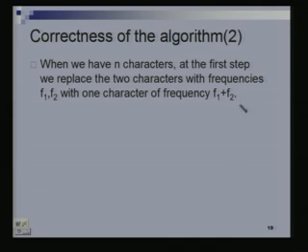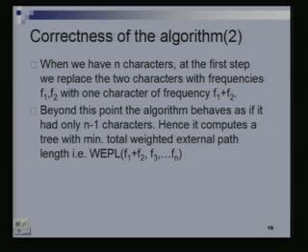So once it does that, beyond this point, the behavior is as if it was given n minus 1 characters with frequencies f1 plus f2, f3, f4, f5, all the way up to fn. Beyond that point, it's the same behavior.